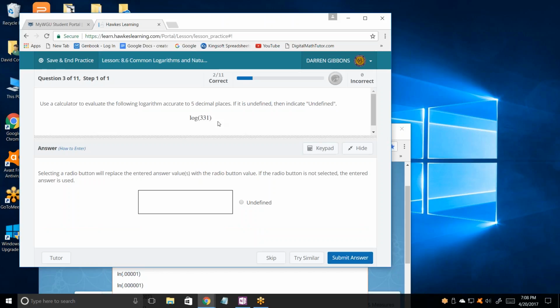Now this, use your common log button. Tell me what you get to 5 decimal places. So we've got 2.51983. What was the 6th number? 7.